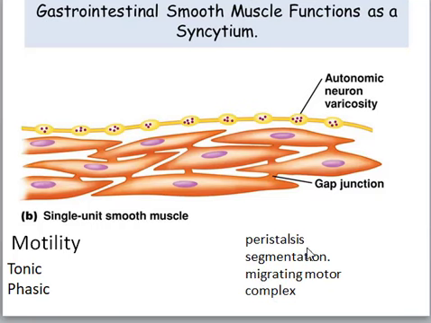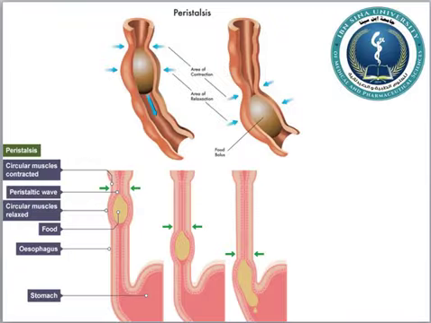In peristalsis, this type of movement is important in the progression of the food from one part to another part. As seen in this picture, this is the bolus of food. There are two parts: the contracted part of the muscle, and the relaxed part of the muscle.